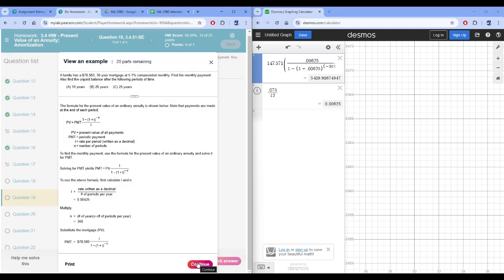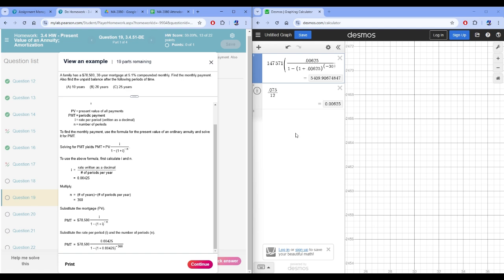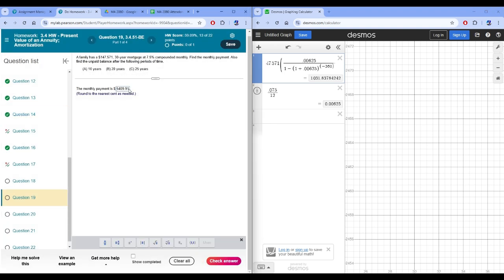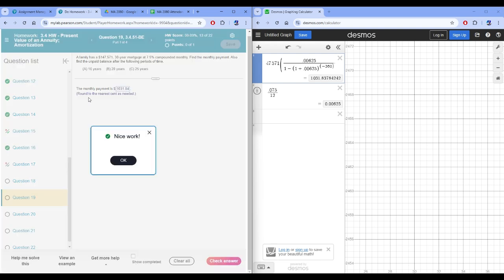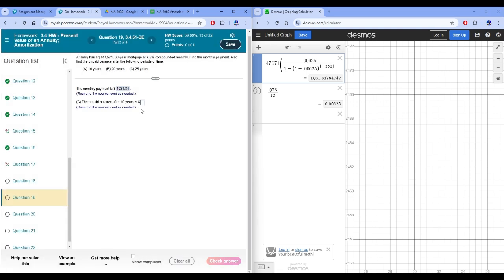Oh, 360. Dang, because it's 30 times 12, so that's 360. 360 payments. So it should be 1031.84. There we go. Okay, so now it's the payment calculator.